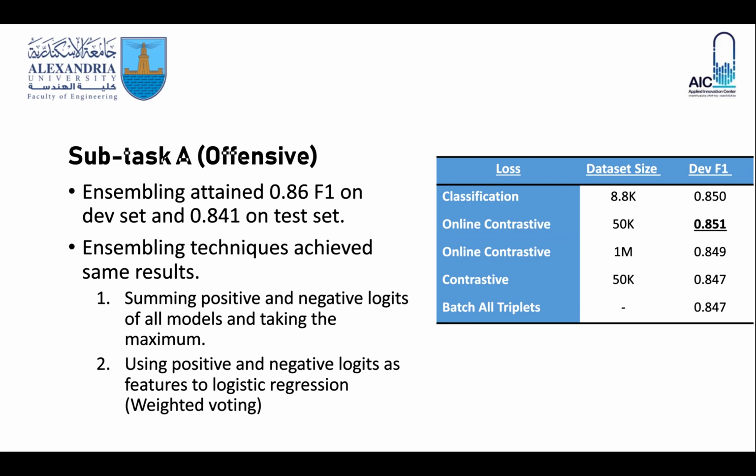The second is a weighted voting, where we take the positive and negative logits as features to a logistic regression or any other classification algorithm to solve for the weight of each model. Both performed in a similar way, so we decided to move forward with the former one.